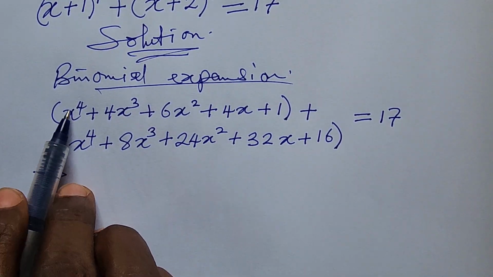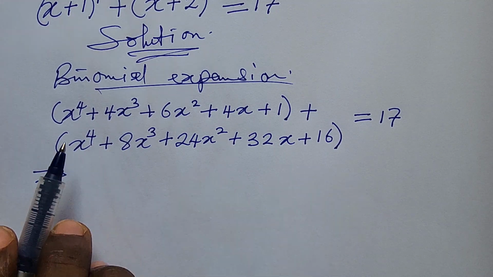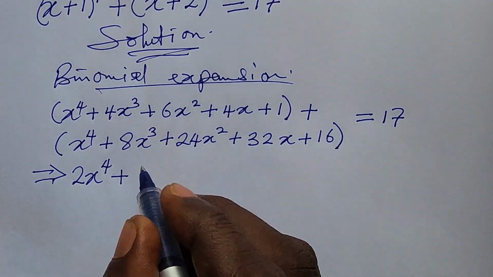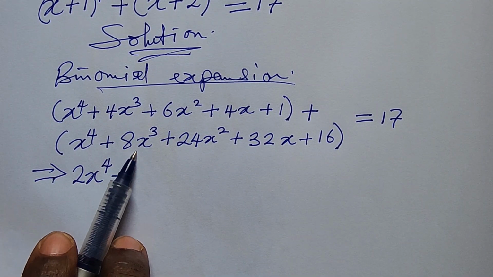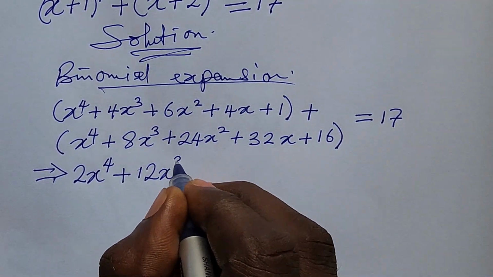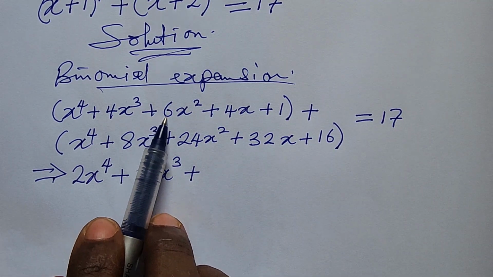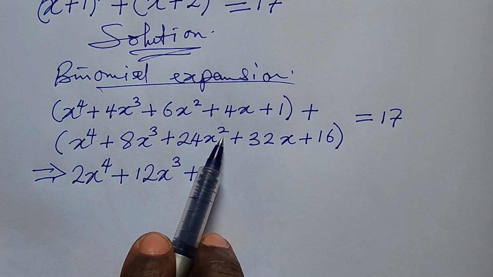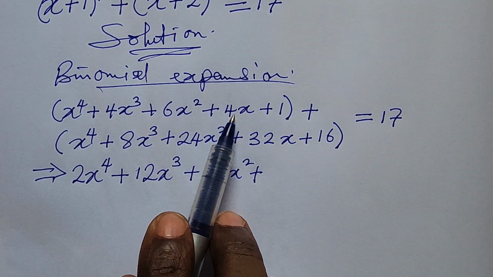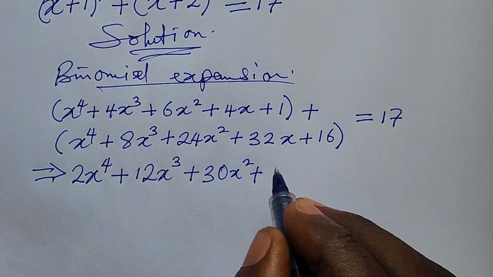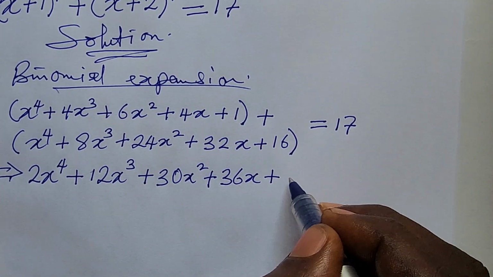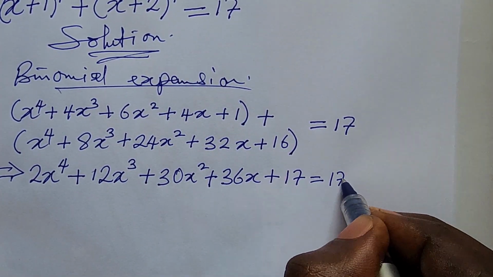This now implies we are having x^4 and x^4, so this will give us 2x^4, plus 4x^3 plus 8x^3, that will give us 12x^3, plus 6x^2 plus 24x^2, that gives us 30x^2, plus 4x plus 32x will give us 36x, plus 1 plus 16 will give us 17, everything equal to 17.